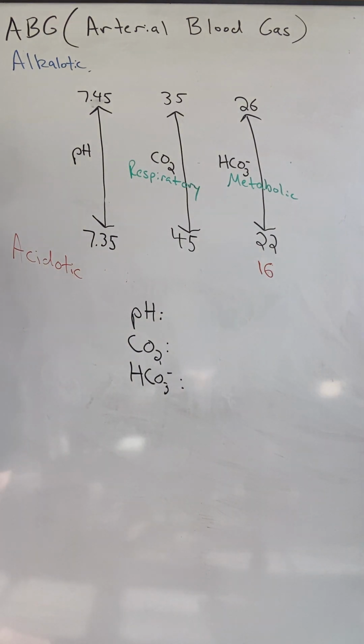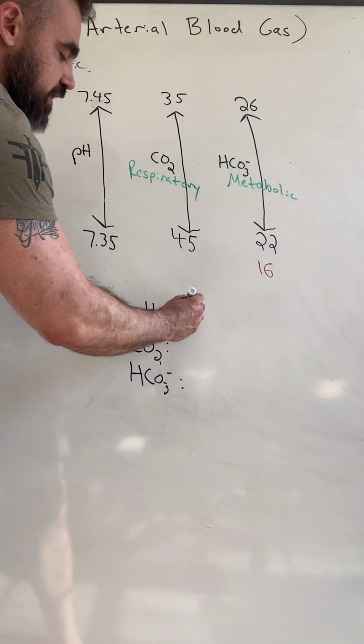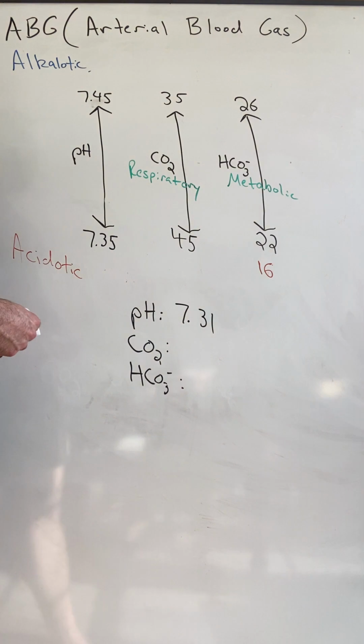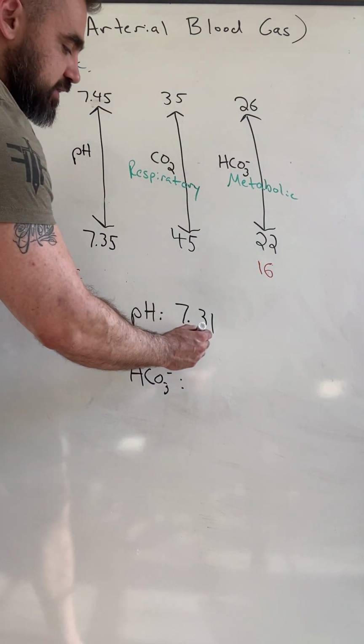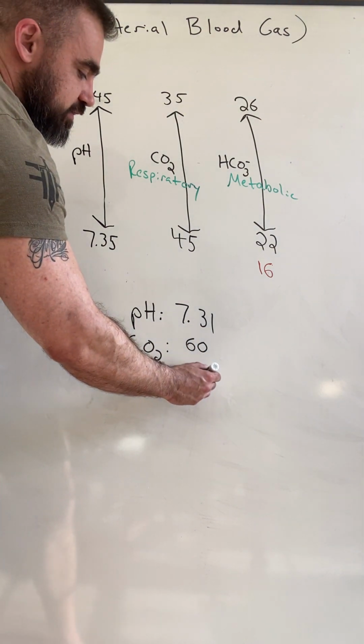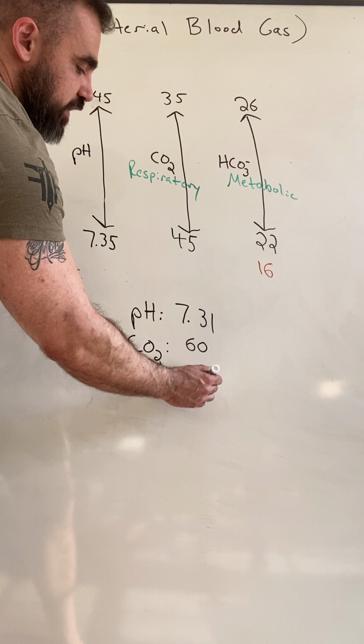All right, so let's talk about full compensation. This is probably the trickiest part. Okay, so let's say our pH is 7.31. Let's say our CO2 is 60. And let's say our bicarb is 40.